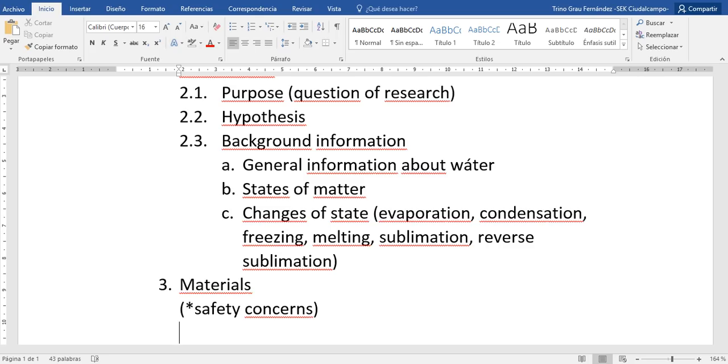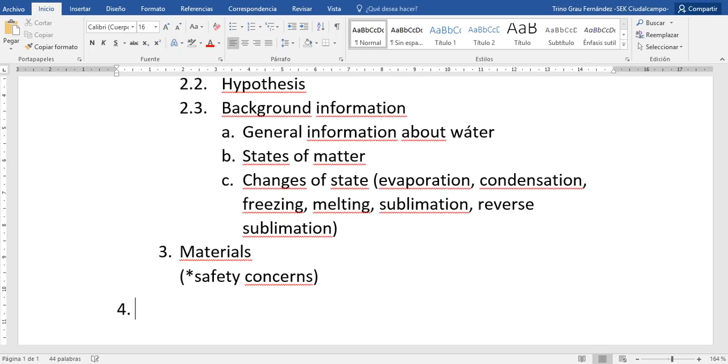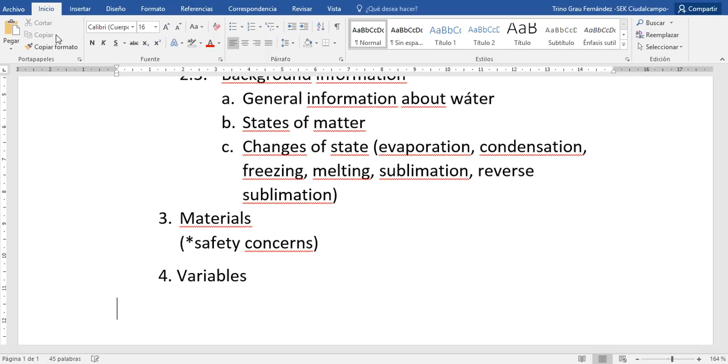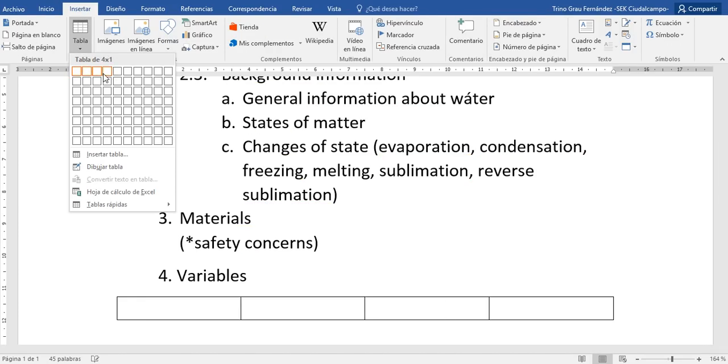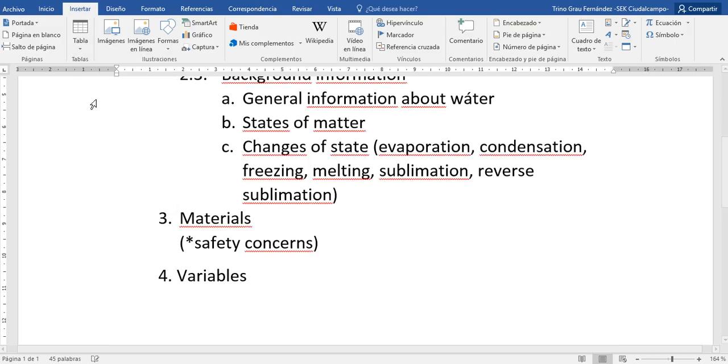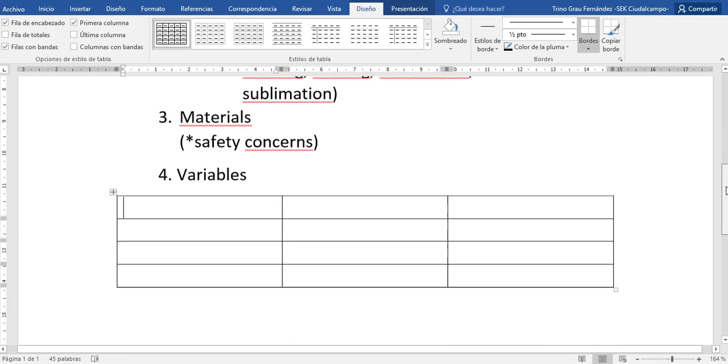Now, variables. So, table of variables. So here in the variables, as always, include a table, insert a table, with 3 columns and 4 rows.